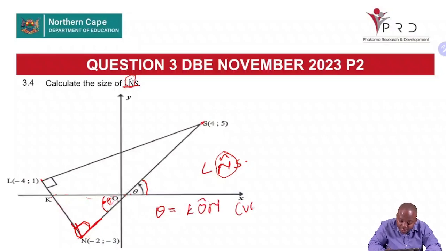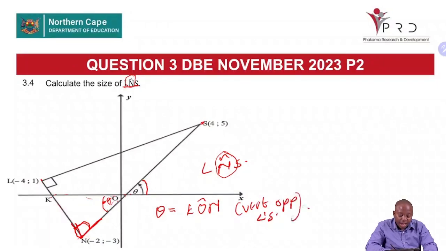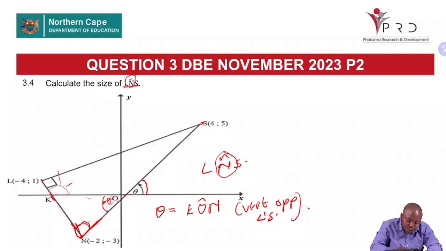The reason is vertically opposite angles. So we have that already, and we can find this other angle using tan theta equals m of Ln.